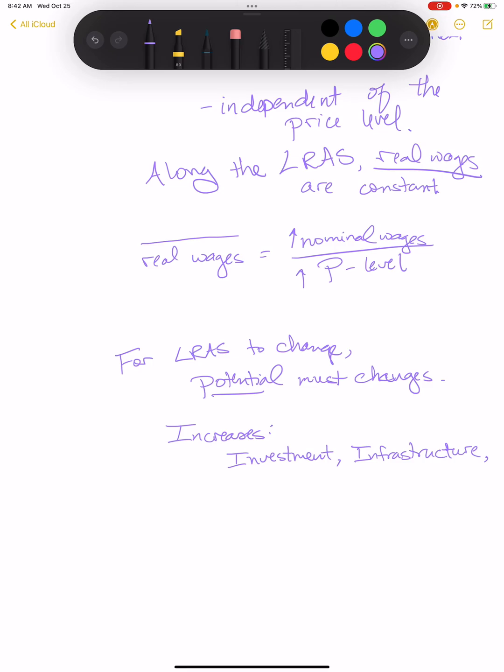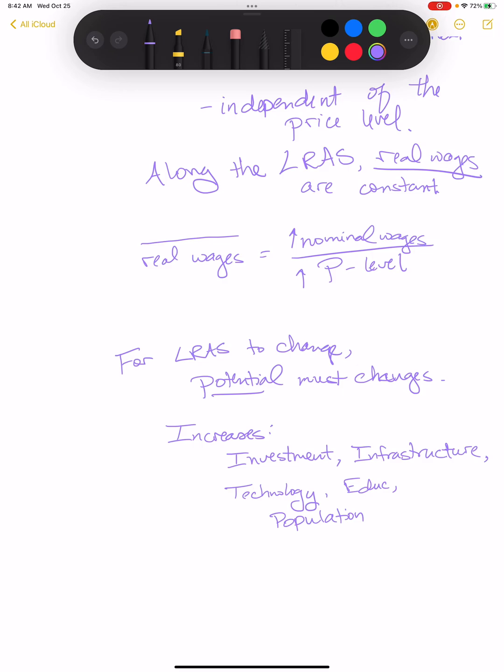You could talk about technology, obviously, as a big factor that leads to growth. So investment, infrastructure, technology, education, population growth, all of these things and so many more. Basically, all of the factors that we talked about in Unit 2 related to growth could increase the long run aggregate supply.